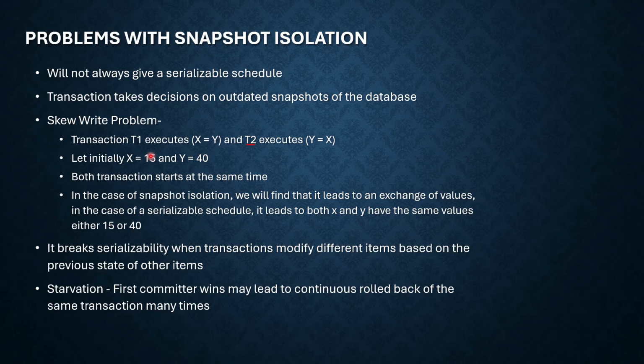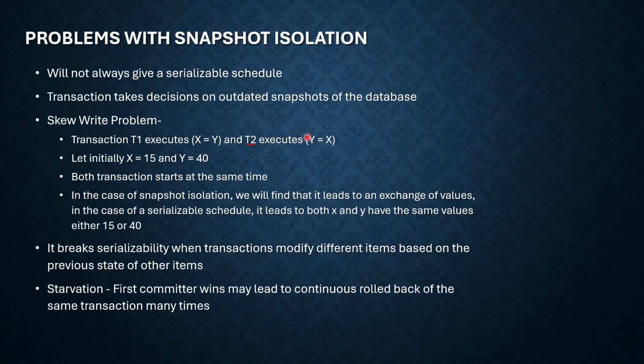But in the case of snapshot isolation, we will observe that the values are simply exchanged. Why are these exchanged? Because both have taken the snapshot, and they are not going to conflict with each other. Why not? Because transaction T1 is writing on variable x and transaction T2 is writing on variable y, so both are not conflicting.